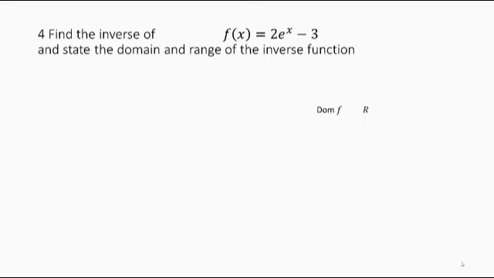Okay, let's find the inverse function of f(x) equals 2e to the power of x take 3. Again, state the equation. Let y equal 2e to the power of x take 3. To find the inverse function, we're going to swap x and y. Must write that down. Swap x and y, so x becomes 2 times e to the power of y take 3.